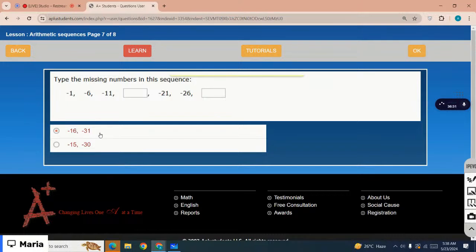The pattern is decreasing by negative 5, right? The correct option is option number 1.